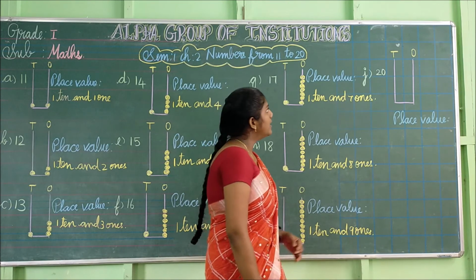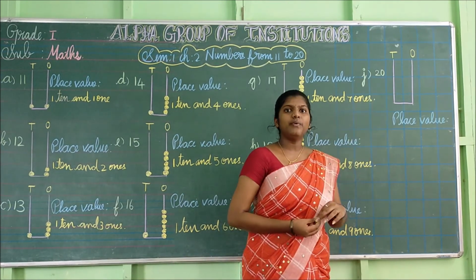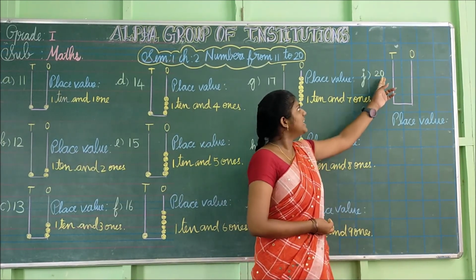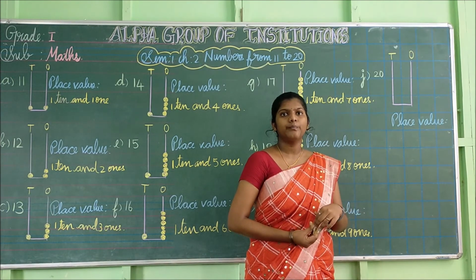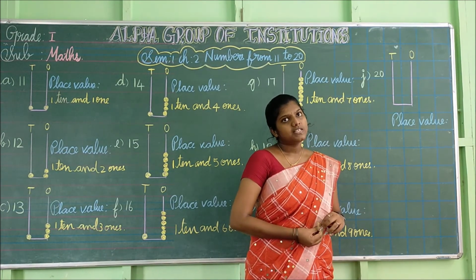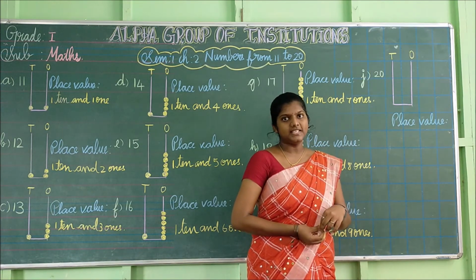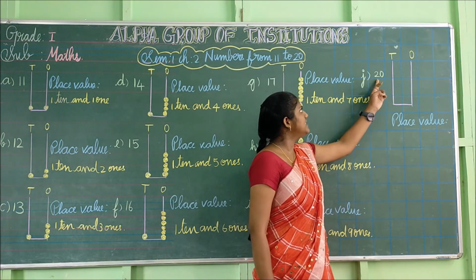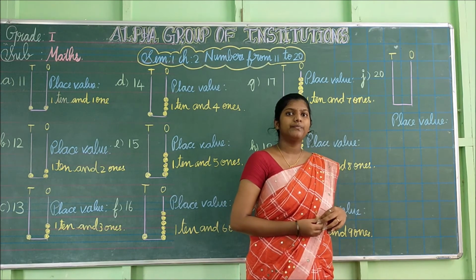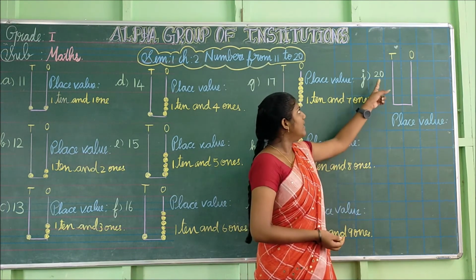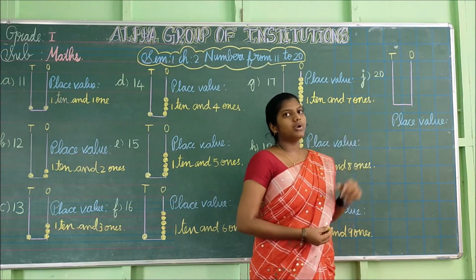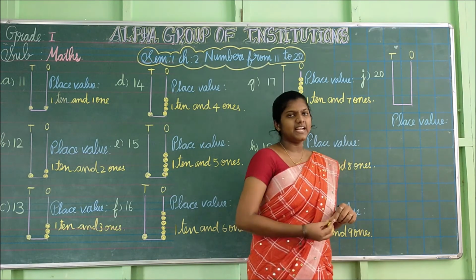Okay children, now see here for number 20. In the ones place what do we have? Yes, we have 0. So we should not put any beads in the ones column. Then look at the tens place. What do we have? Yes, we have number 2. So I am going to draw 2 beads in the tens place.